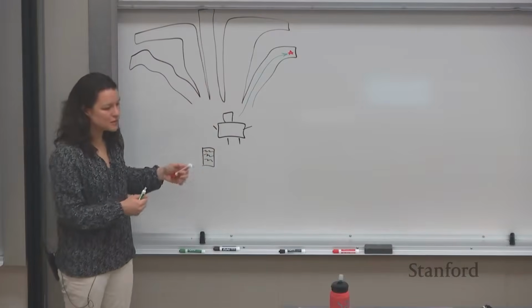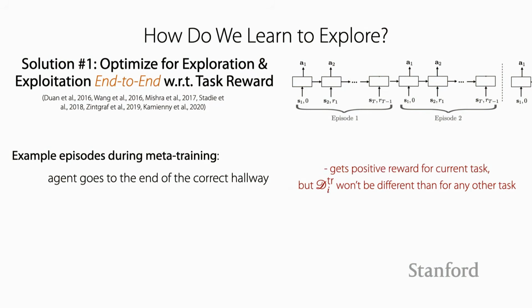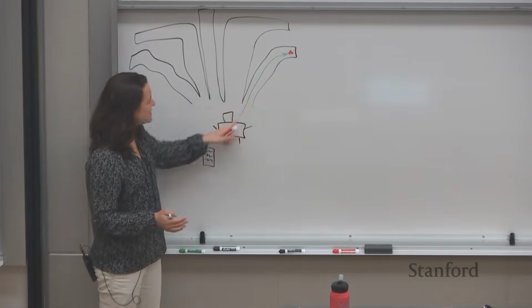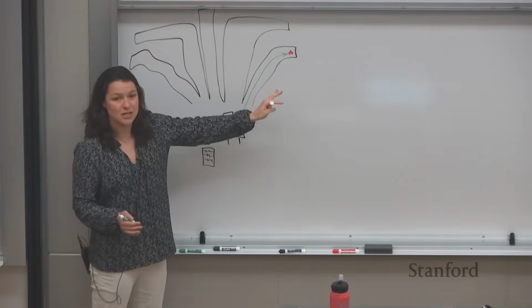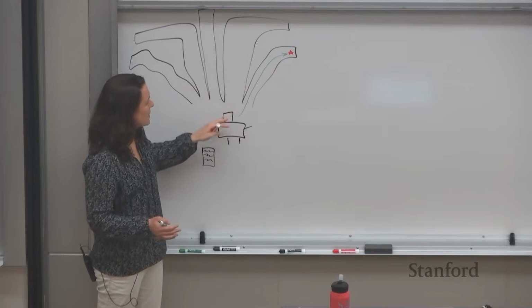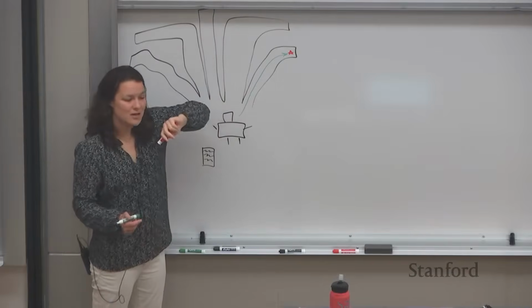The way that we can view this is that it goes to the end of the correct hallway, it'll get positive reward, but the context leading up to getting that positive reward doesn't actually look different than any other task. It went through here, and there's nothing that differentiates what it did there, which was 0 reward, 0 reward, from if the task, for example, had been to go here or to go here.